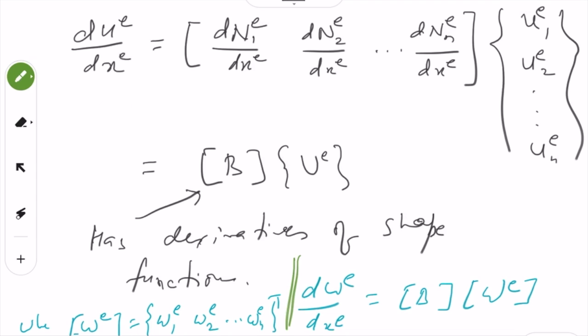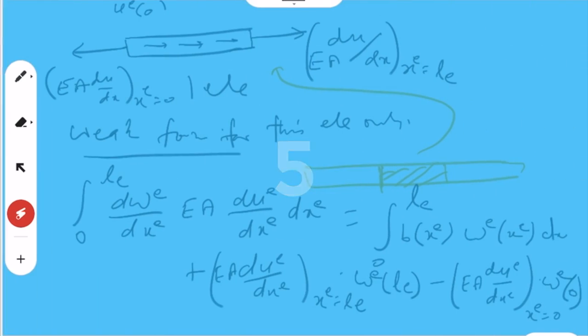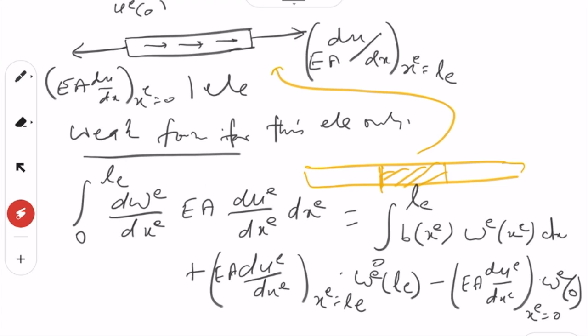Okay. So basically we have this derivative ready here also, so we can put those values there. So these values and this we can put in the equation here, and let's say this is called left hand side.